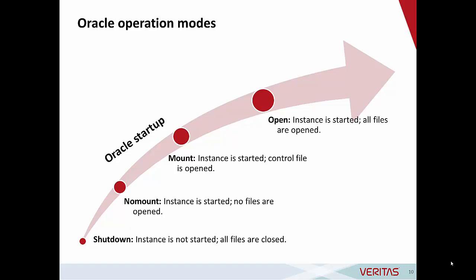So if I needed to do a control file recovery of an Oracle database, I'd be in this mode. Move up a level to the mount mode. That means the instance is started, the control file is open, and so the contents, the structure of the database is visible. And then the open mode is where the database is fully operational.